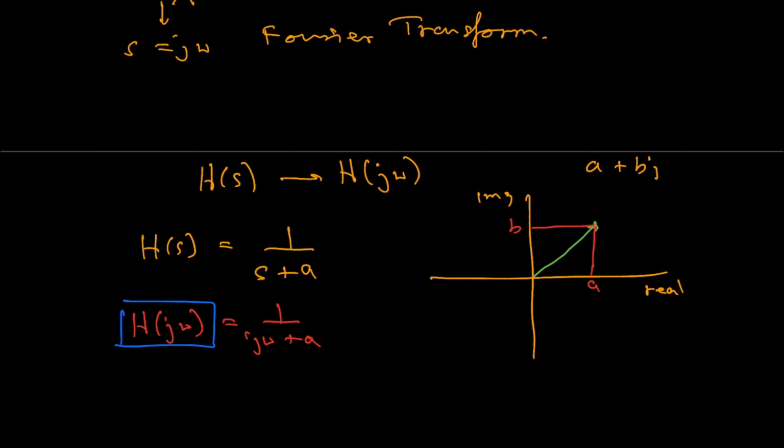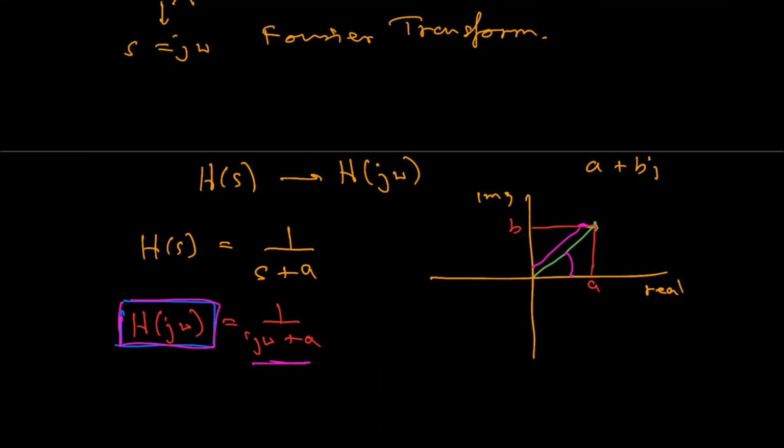Now that we've got it in this diagrammatic form, we can talk about things like the phase, which is that, or the amplitude, which is basically the length of the vector. So this complex number will have these properties.